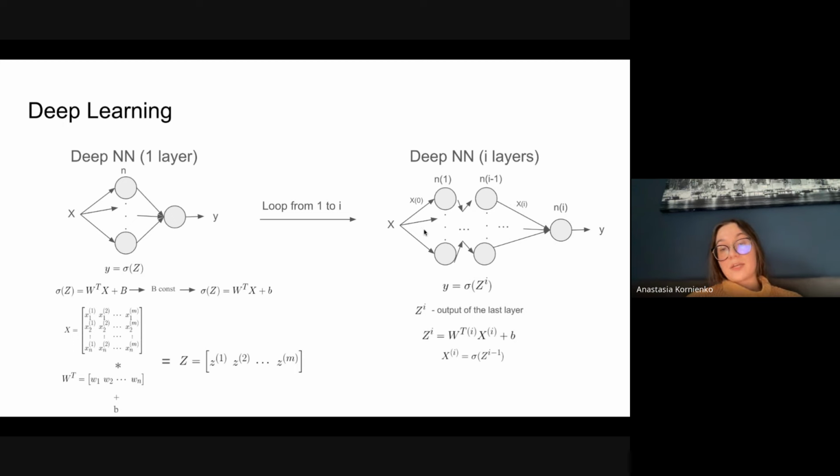For x, x_i is the output of the previous layer. For the first layer, x can be represented as x0, the very first set of examples that you provide to the neural network. Then the next layer takes the output of the previous layer as input. Just like in the loop, the output of the previous layer goes to the next one.